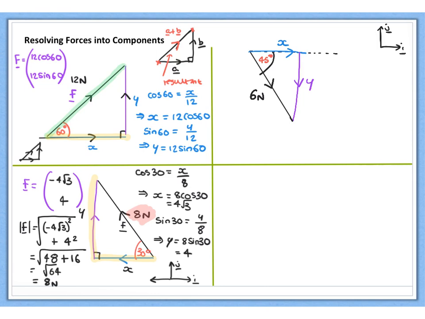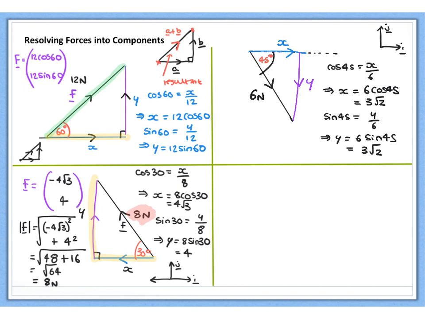So we can use trigonometry again to work out our components. We know that cos 45 is equal to the adjacent x over 6. So x is equal to 6 cos 45, which actually works out to be 3 root 2. Sine 45 is equal to y over 6. So y is equal to 6 times sine 45, which is 3 root 2.